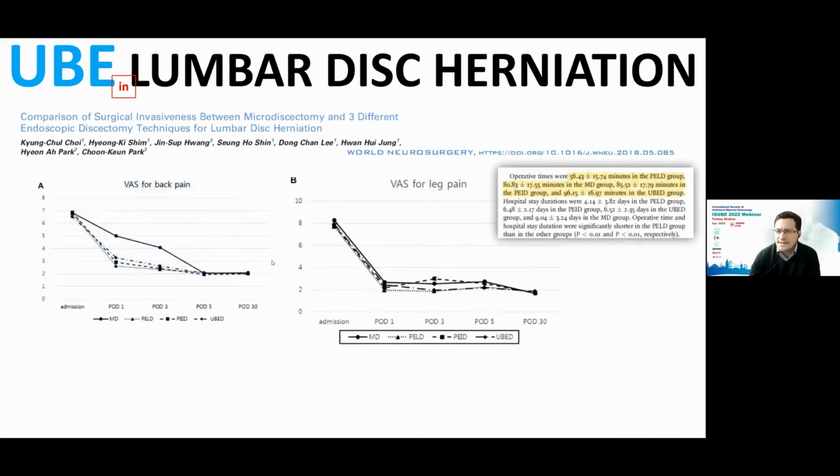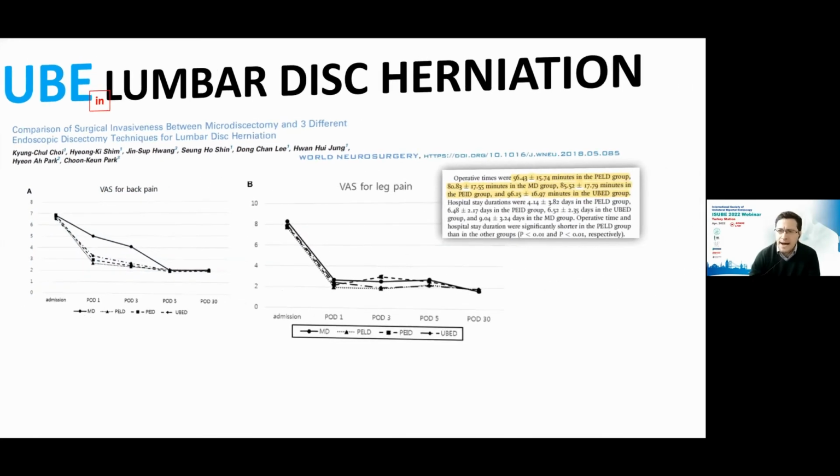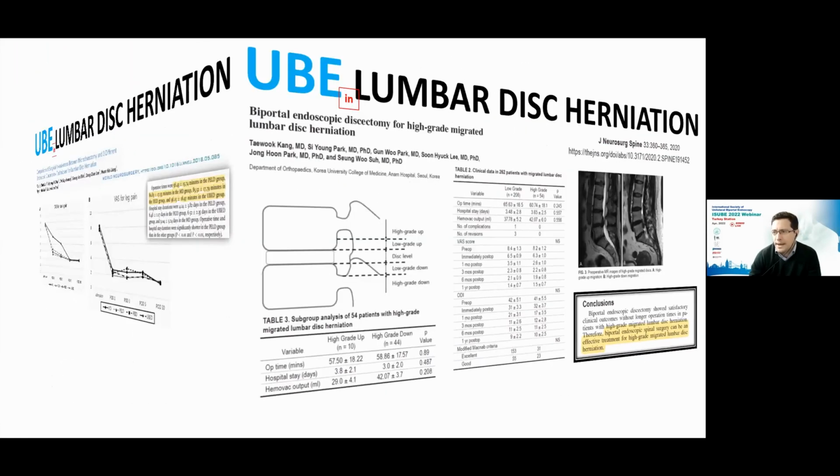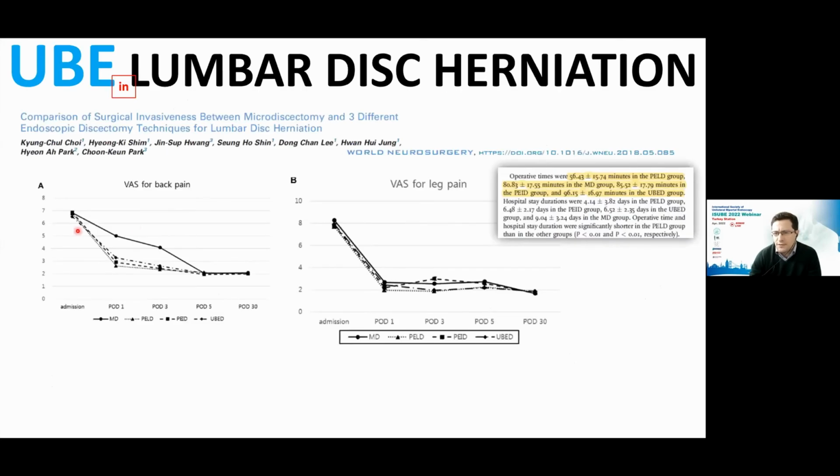So when we look especially at the VAS for the back pain and the leg pain, the benefit of microsurgery and endoscopic surgery is only in the first 1 to 3 days.